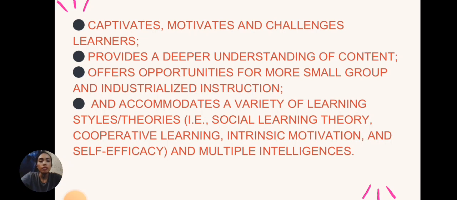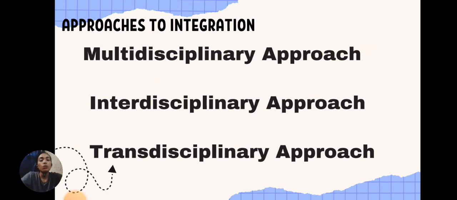And self-efficacy, which is an individual's belief in their capacity to act in the ways necessary to reach their specific goals. And last is multiple intelligences, the theory describing the different ways in which students learn and acquire new information.